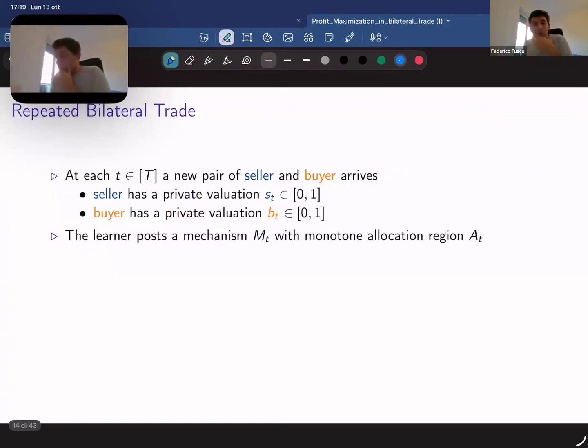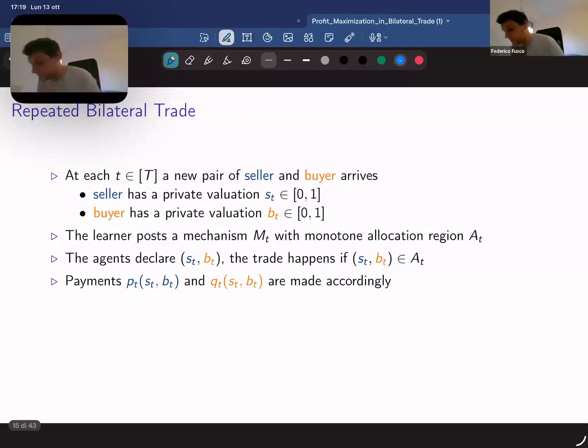And what we do, we post a mechanism, M_t, and we have seen that a mechanism is just a monotone allocation region, because then this clearly induces a payment rule. Then the agents declare S_t and B_t, because everything is truthful, and the trade happens if and only if this pair belongs to the allocation region. And the payments are made accordingly.